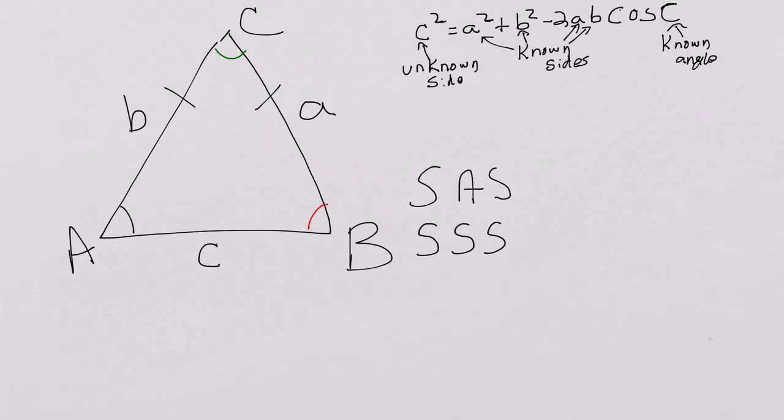Now, like with most mathematicians, we like to do all the math and come up with another equation that we can use if, say, we know all three sides, in the case of side, side, side.